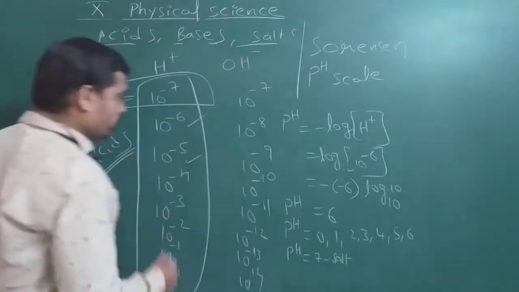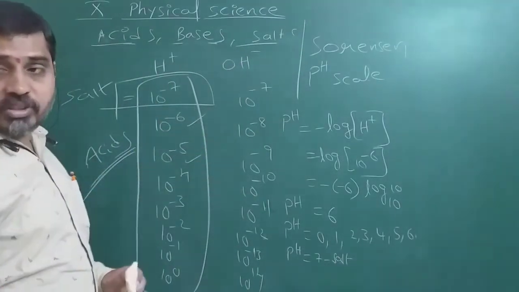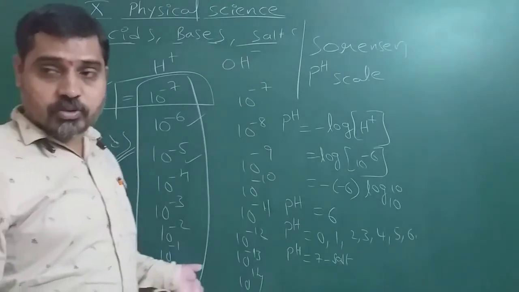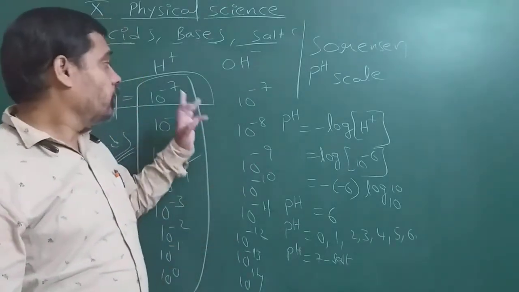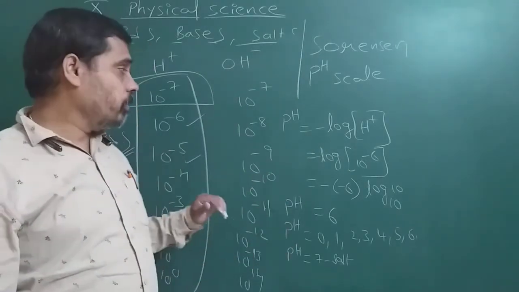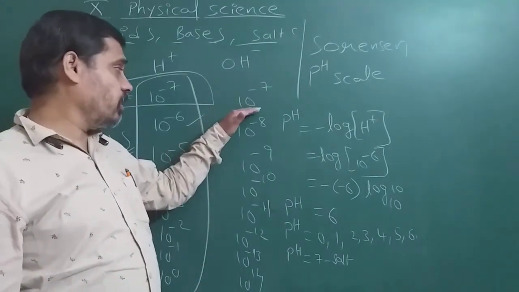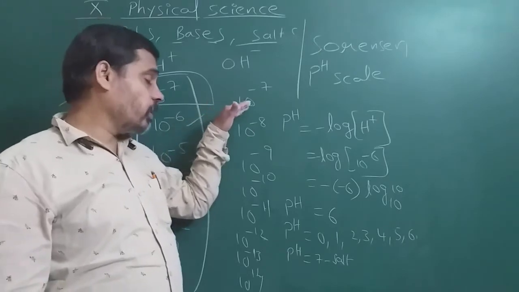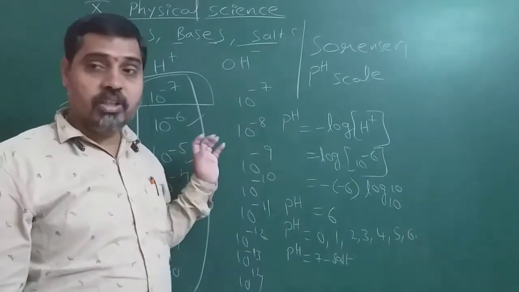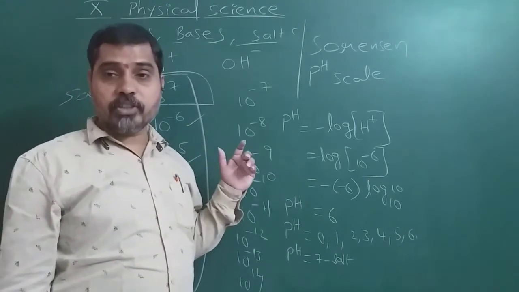Then what about the H plus ion concentration of bases? In bases, the OH minus ion concentration should increase. That means the OH minus ion should be 10 power minus 6, 10 power minus 5, like that.